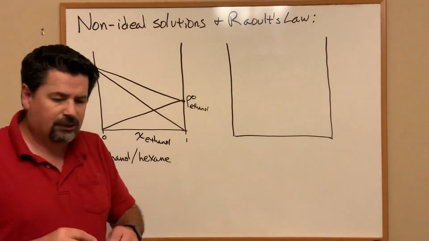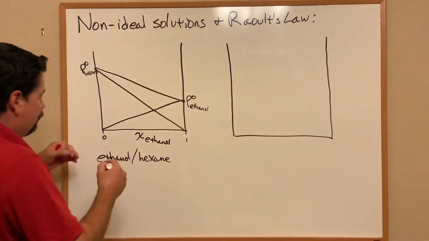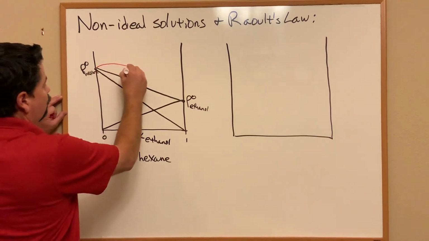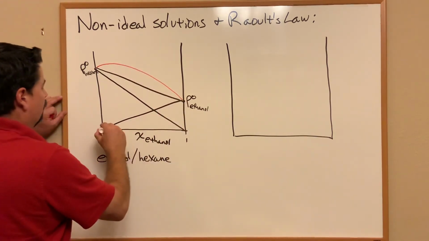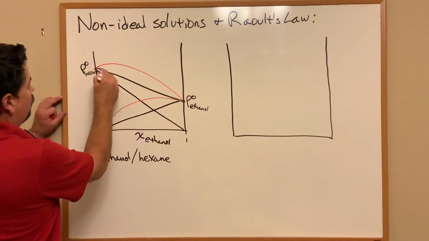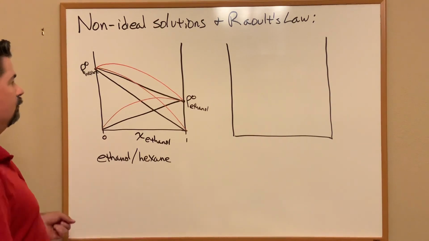But in reality, what we see is the following. We see that the vapor pressure is actually greater than what we would expect. We can actually see that from these curves as well. So the red ones are what we actually see.